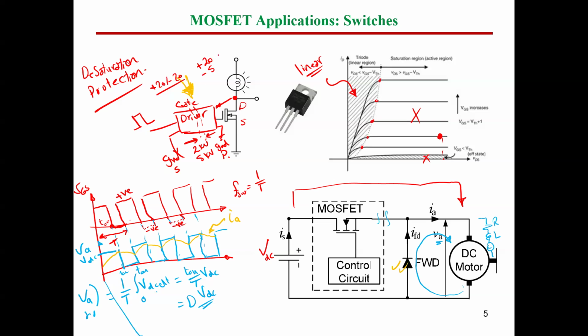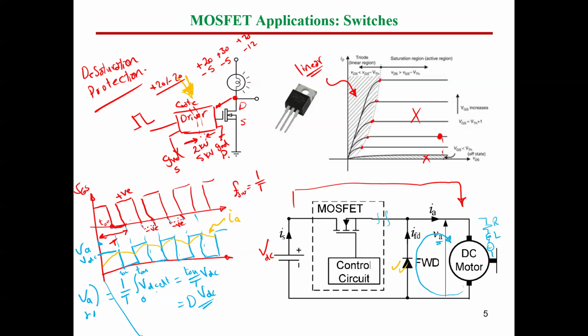You can have it plus 30 and minus 5. You can have it plus 20 and minus 12. The negative is important to be sure that the MOSFET has been completely turned off during the desired off periods.